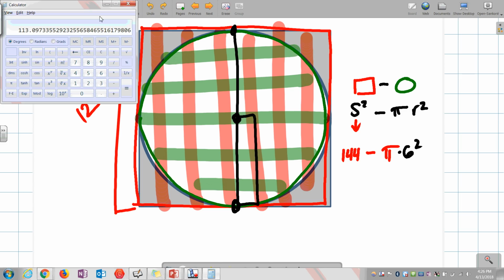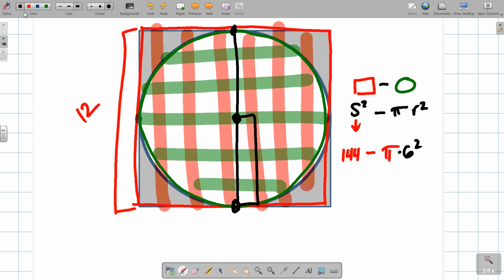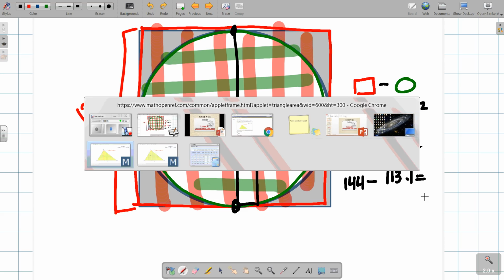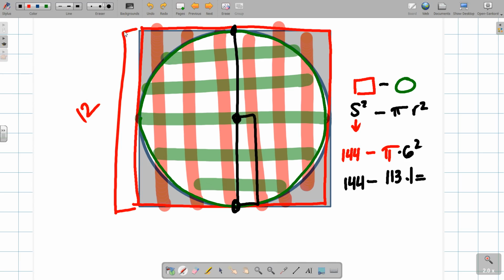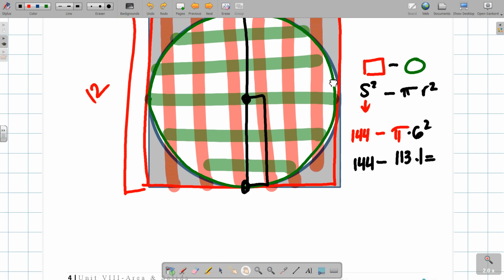You get 113.1. Subtract those two, and you get approximately 30.90, and you should check for units, centimeters squared.